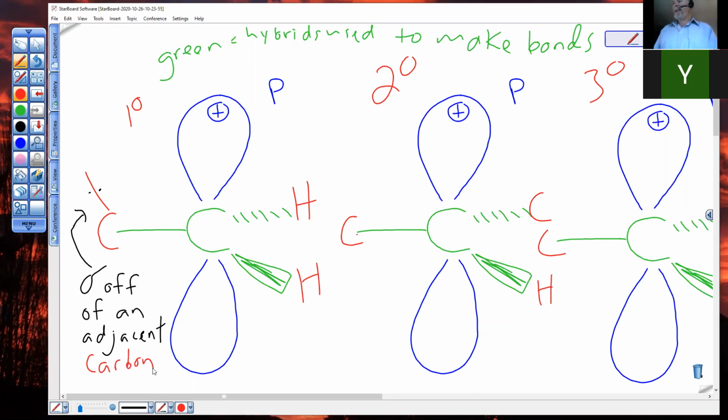And that pair of electrons, if it's sticking up in this direction, has the right orientation, that's in the plane of the page here, to get close to this orbital. That causes the orbital to become more stable. And I'm going to show the interaction with this yellow. That just says the electrons are close to the empty p orbital.